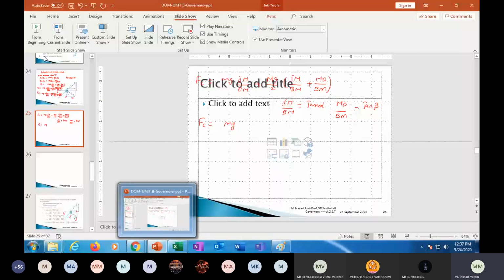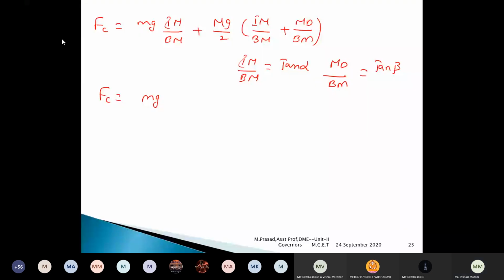Fc is equals to mg into Im by Bm, we can write it as tan alpha plus, because of the difference between capital M and small m. Capital M is the weight of the central load, small m is the mass of the ball, and I can write it as tan alpha plus tan beta.